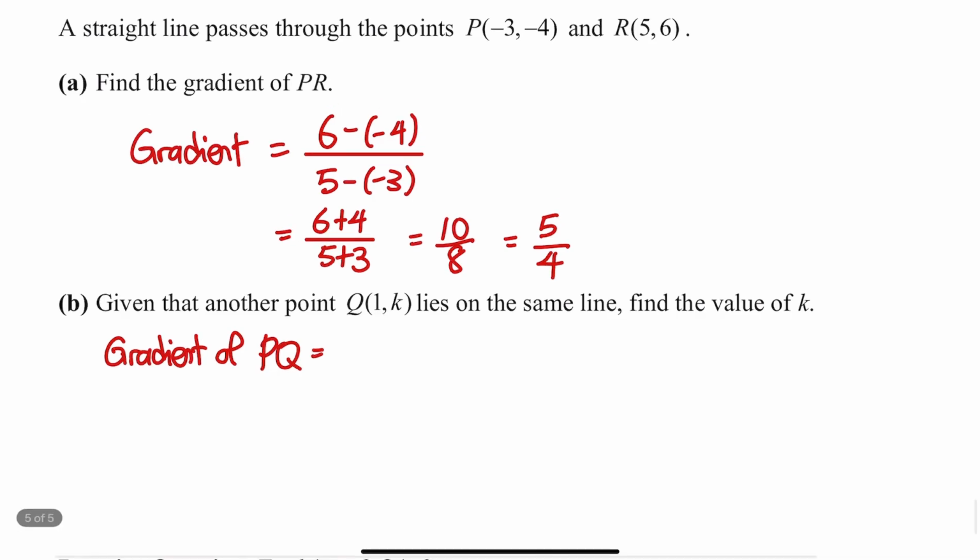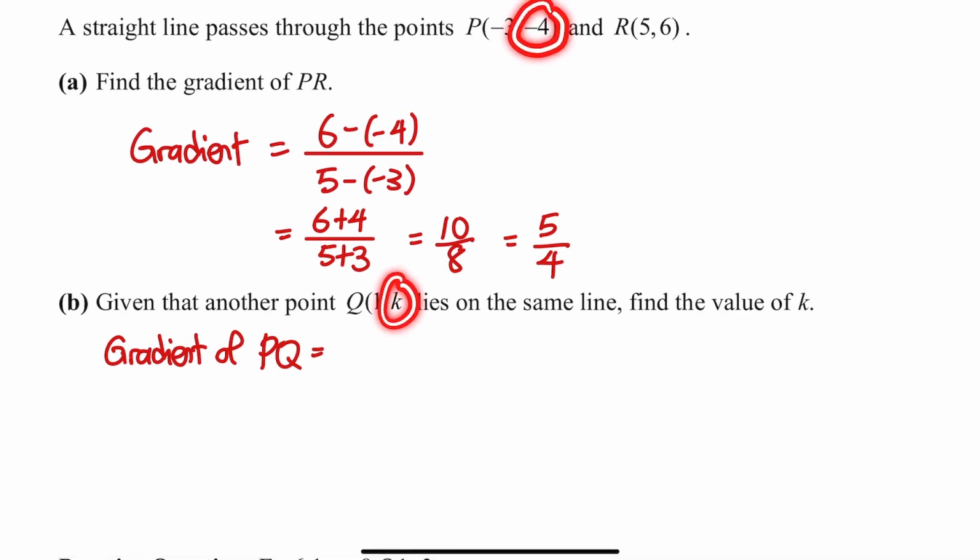I can apply the formula: y2 minus y1, k minus negative 4, over x2 minus x1, which is 1 minus negative 3.